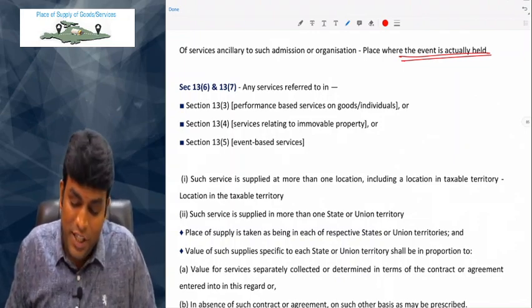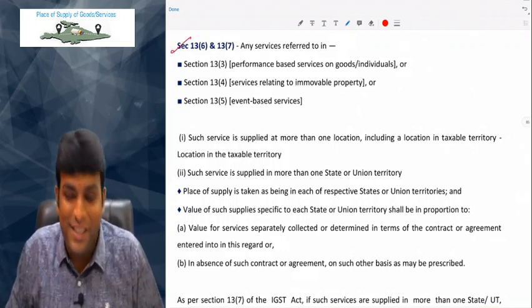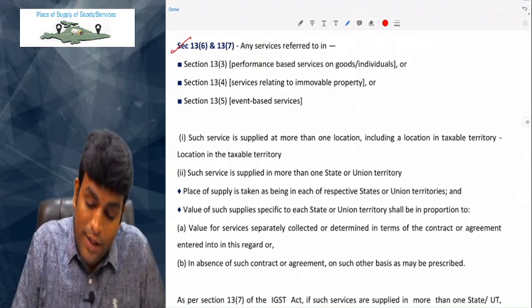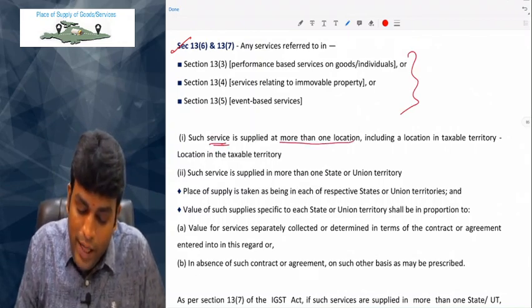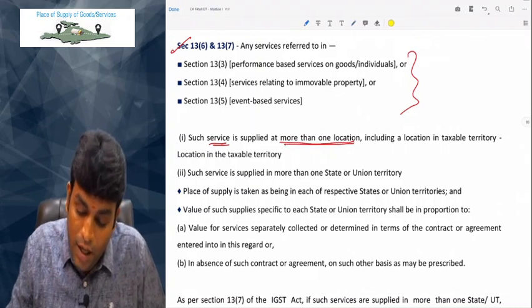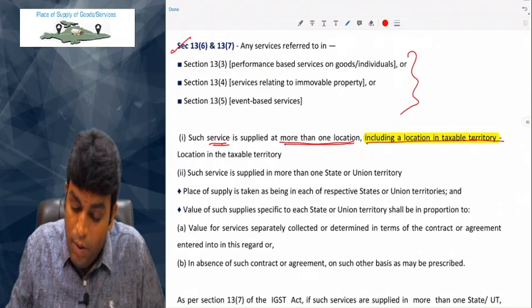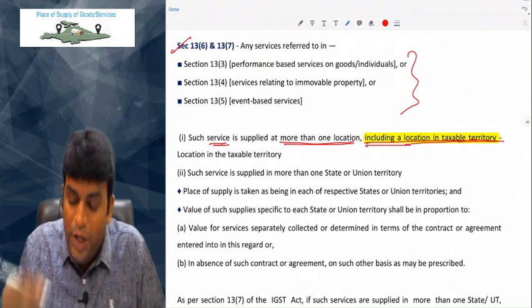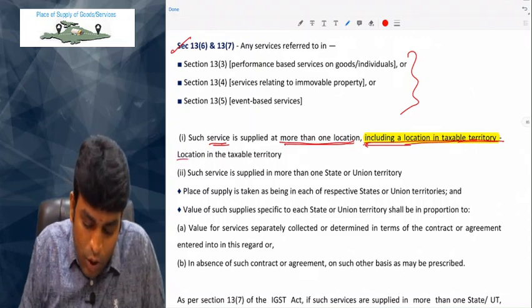Now look at the interesting story, sir. 13.6 and 13.7. Very important. See now. 13.6: if a service is supplied at more than one location, including a location in the taxable territory, then the place of supply will be the location in the taxable territory.